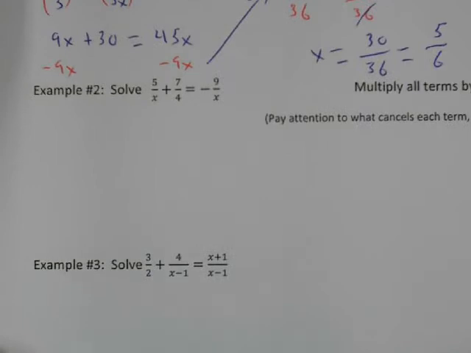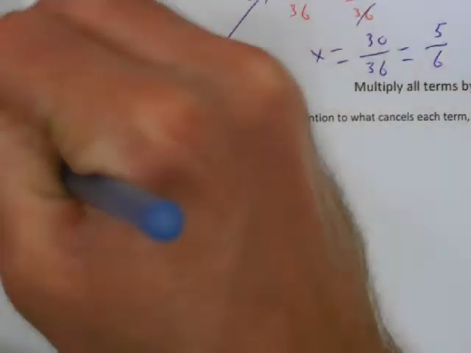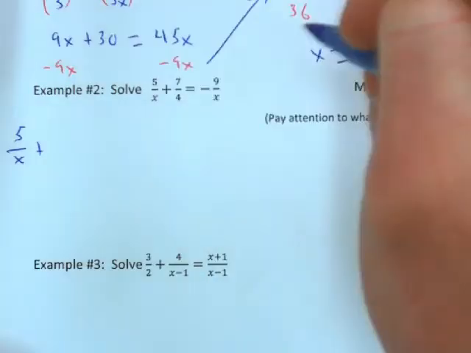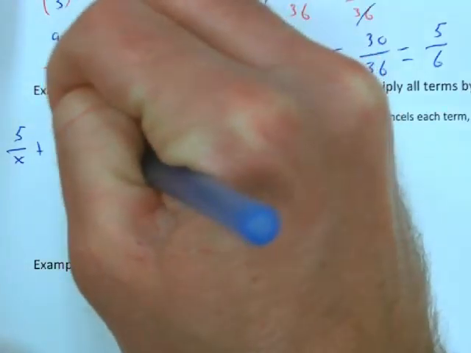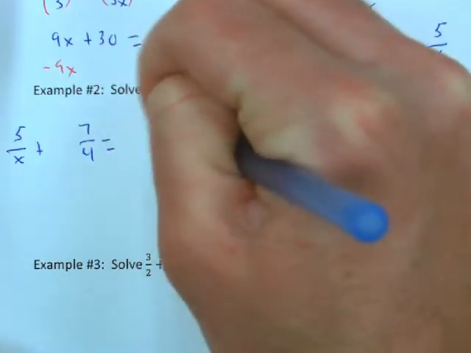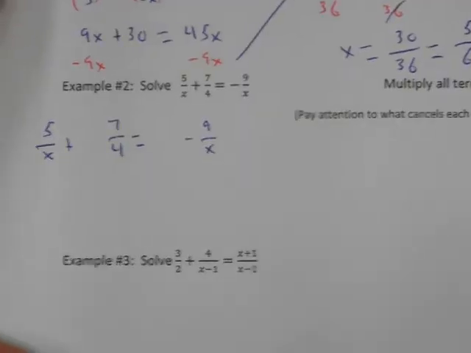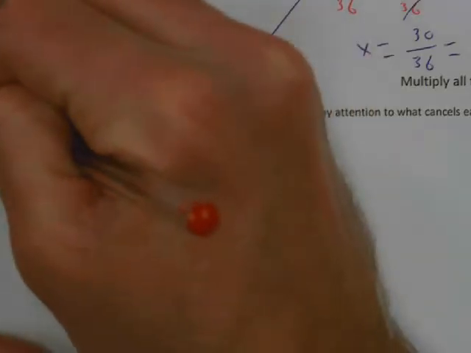I'm going to rewrite it again so I have more space to work. So we got 5 over x plus 7 over 4 equals negative 9 over x. And then like we said, we want to multiply everything by 4x.